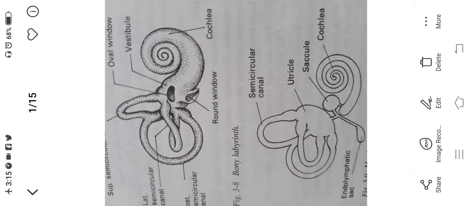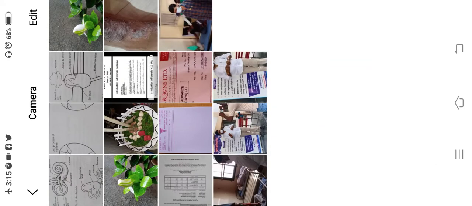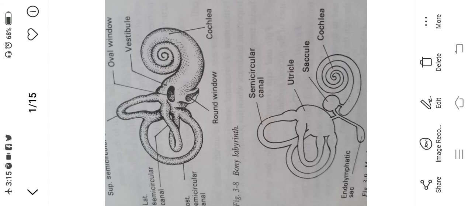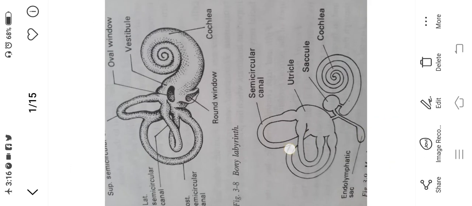Then this one is the membranous labyrinth, which is suspended in the perilymph, and it contains sacs and tubes connected with each other, and contains endolymph. Then it consists of semicircular canals, then utricle and the cochlea. So these are the parts of inner ear.